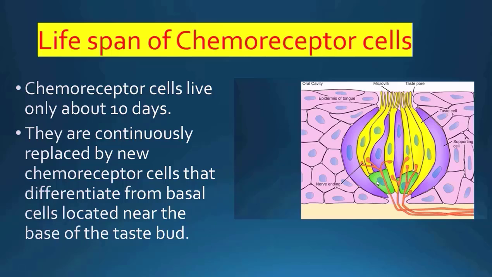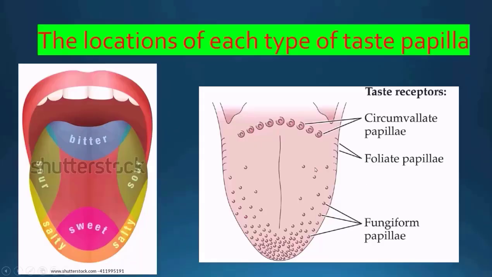The location of each type of taste papillae. The tongue is divided into two portions, the anterior 2/3 and the posterior 1/3, by a V-shaped sulcus which is called the circumvallate sulcus. The taste buds located on the tip of the tongue are for the sweet.